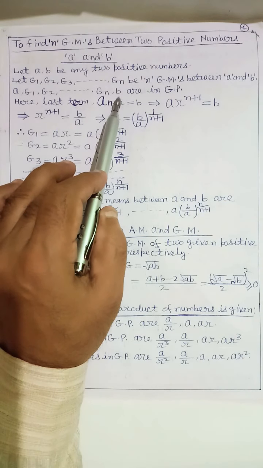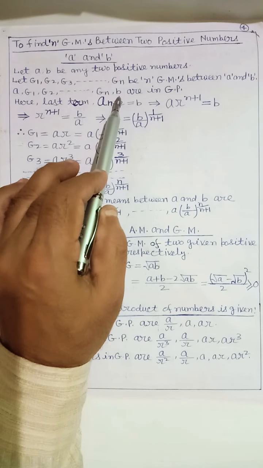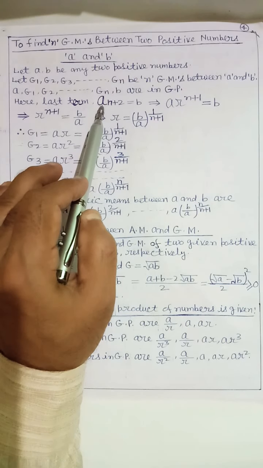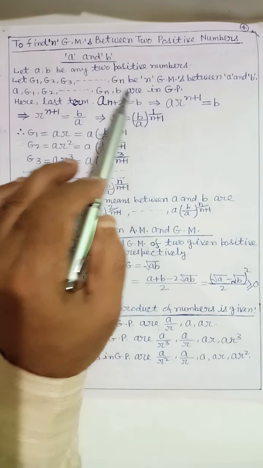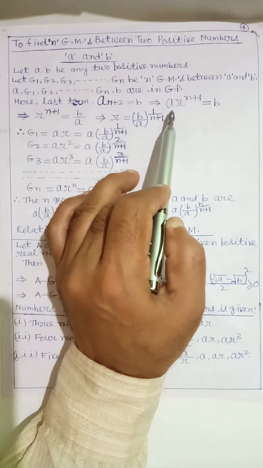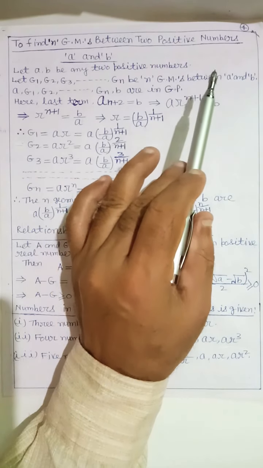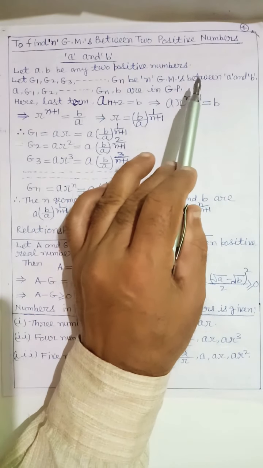So the number of terms will be n plus 2, and B is the last term, that is the (n plus 2)th term. Here the last term a_(n+2) is equal to B, and using the formula of the general term we can write a r^(n minus 1), so a r^(n plus 2 minus 1).